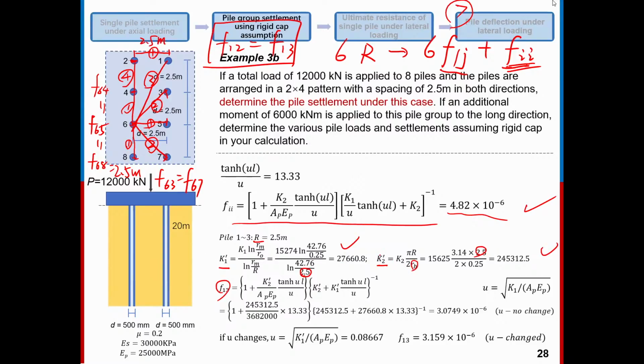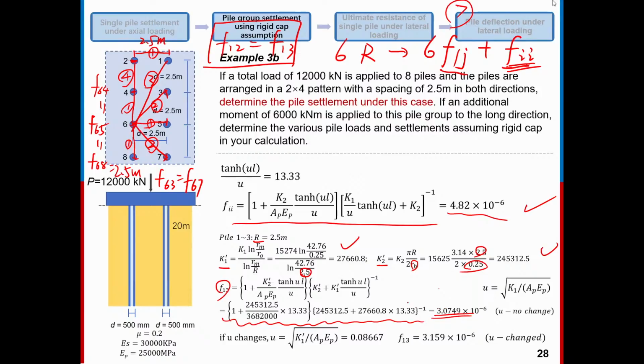In this question, RB is equal to R0, because the cylinder of this pile has the same diameter from pile top to pile end. There is no bell out at the bottom, so RB is equal to 0.25. So you can see F13 can be calculated. Be careful about the calculation, a lot of parameters, so you can get this result.